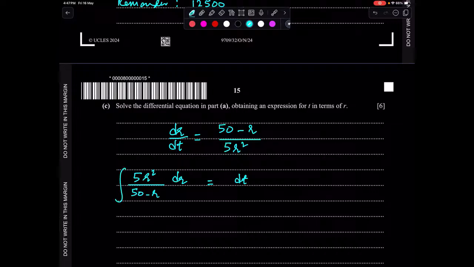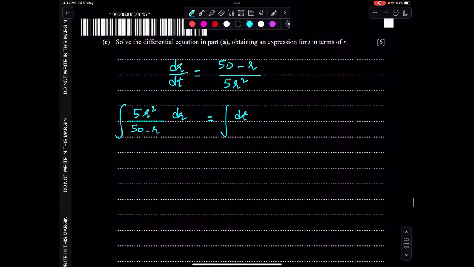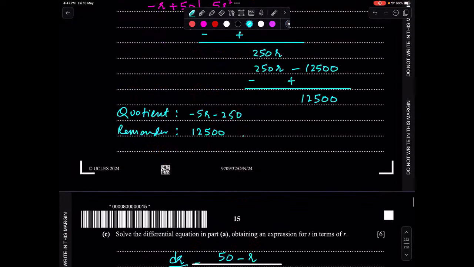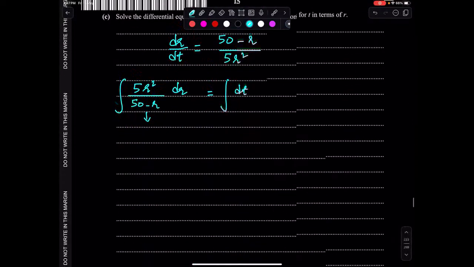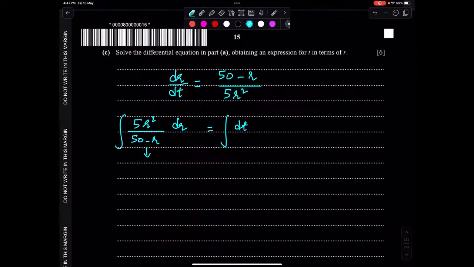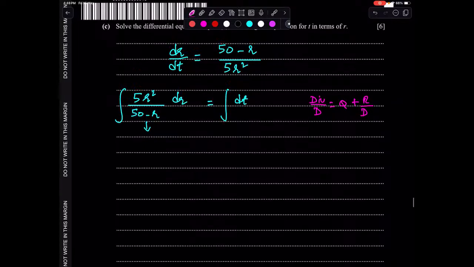Now taking sign of integral on both sides. Now replace this by this quotient and remainder. You have done this in remainder theorem. Dividend over divisor is quotient plus remainder over divisor. This is what we have done in remainder and factor theorems in P3.